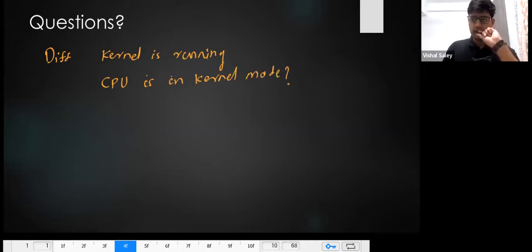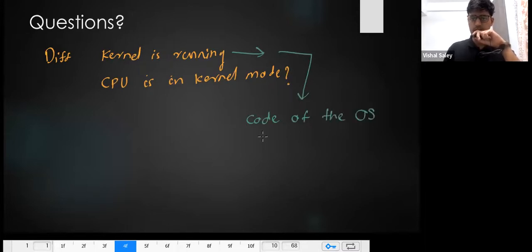Okay. So first, let's understand this statement. When we say the kernel is running, what do we mean? It basically means that the code of the operating system is being executed by the CPU.